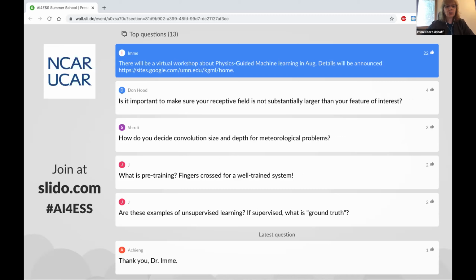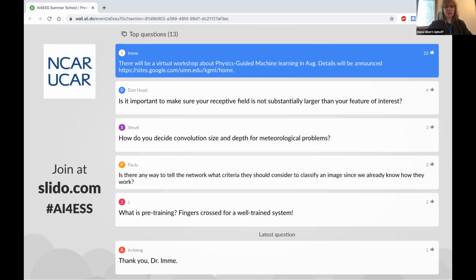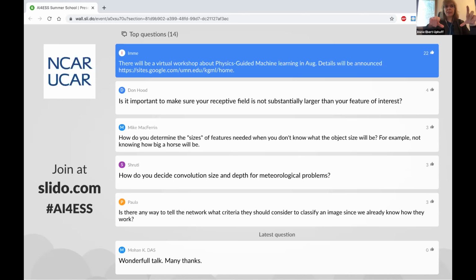Okay, is it important to make sure your receptive field is not substantially larger than your feature of interest? If you look at the slides, a lot of the slides that I skipped, you will see that we're kind of representing the receptive field as a box, but it turns out the influence of the pixels in the box is actually not equal everywhere. It's actually more like a Gaussian distribution, where the center is much more important than the outside.